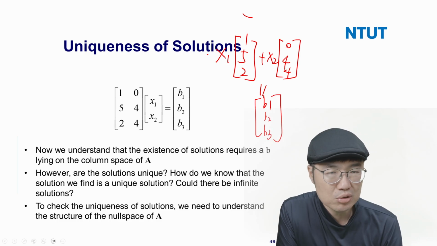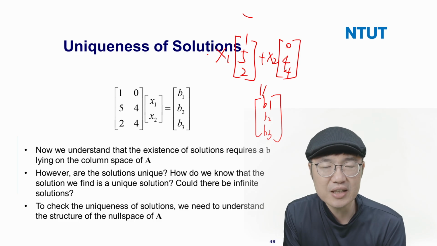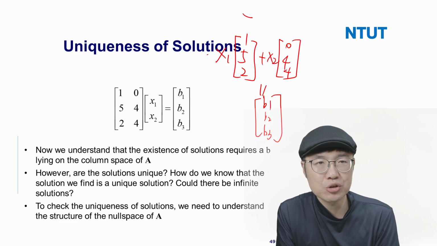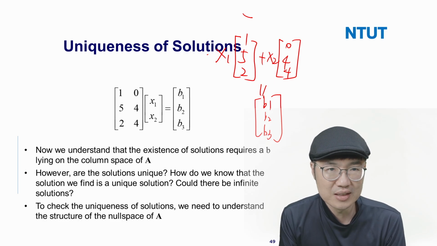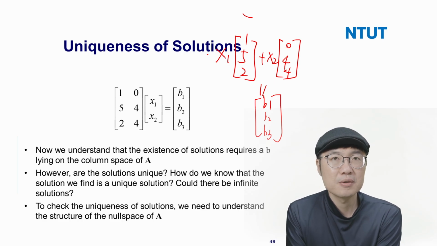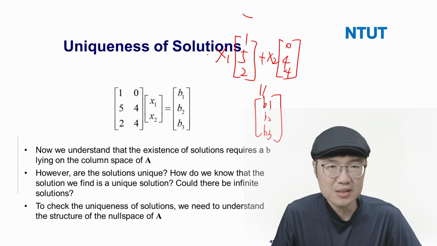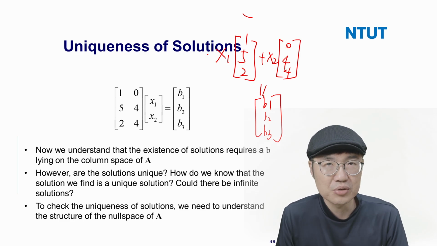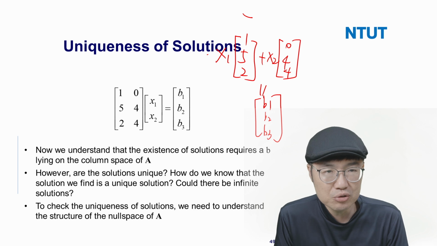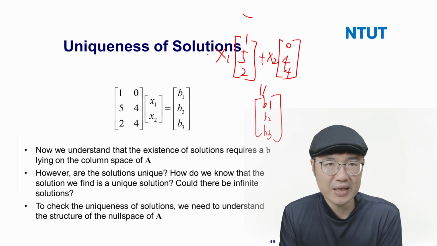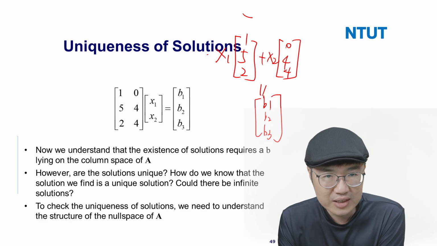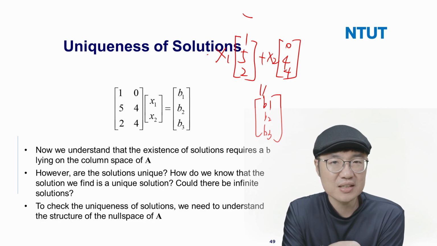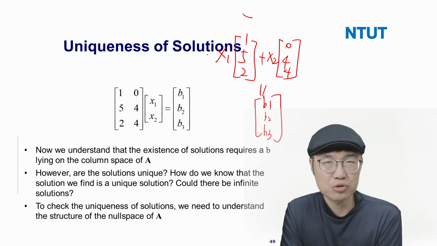If (b1, b2, b3) is not a linear combination of (1, 5, 2) and (0, 4, 4), it's hopeless to get a solution for x1 and x2. So the first condition for this system to have a solution is that (b1, b2, b3) must be a linear combination of (1, 5, 2) and (0, 4, 4).